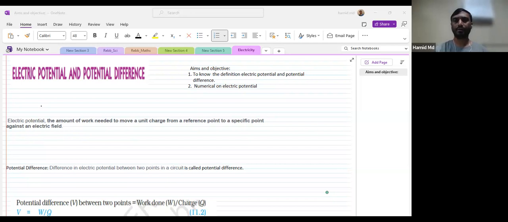In other words, current is flow of electricity. Jocelyn, current is flow of charges, right? Flow of charges through a circuit.